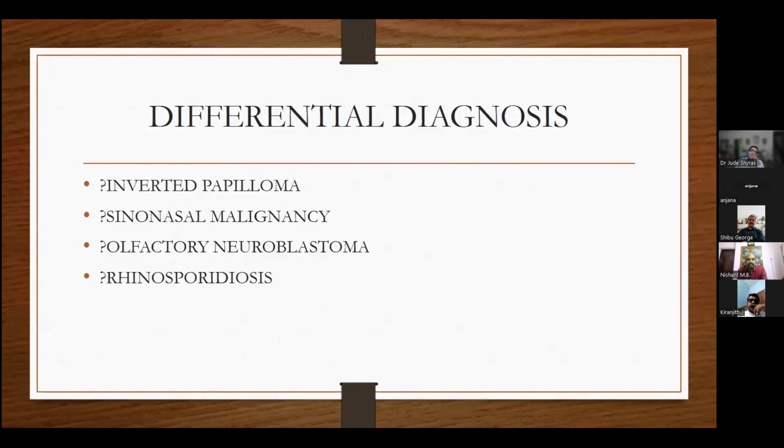If it is esthesioneuroblastoma, how does it look? Sir, it has soft tissue opacity with post-contrast enhancement and erosion, with intracranial extension also. Is there any specific finding for olfactory neuroblastoma radiologically?